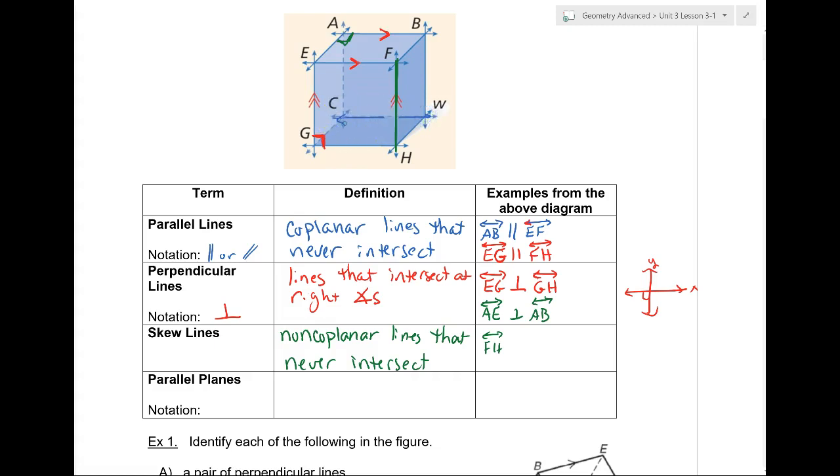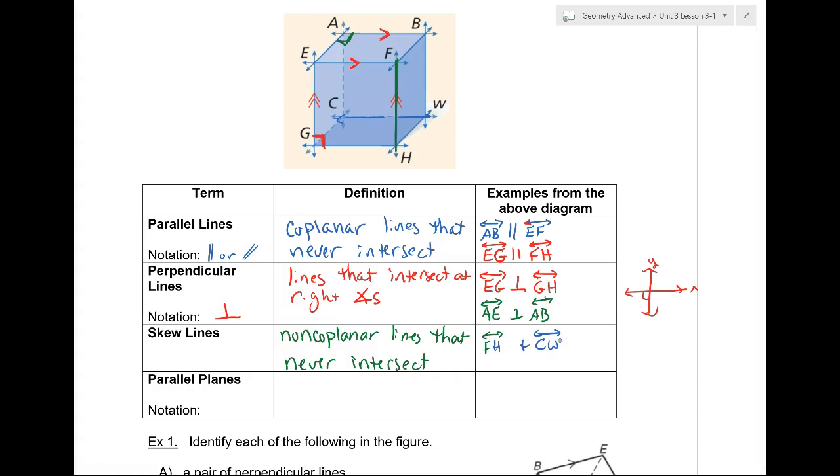FH is the front corner, and line CW is the bottom back. One's going vertical, the other one's going horizontal. Are they ever going to intersect? No. So we can say then that we know line FH and line CW are skew. So think passing over each other. That one could go over, but they would never touch.